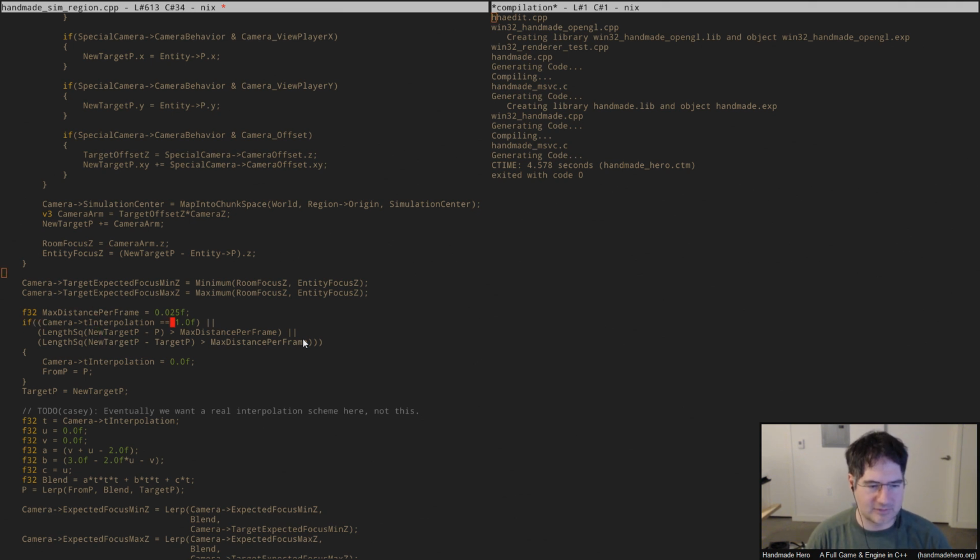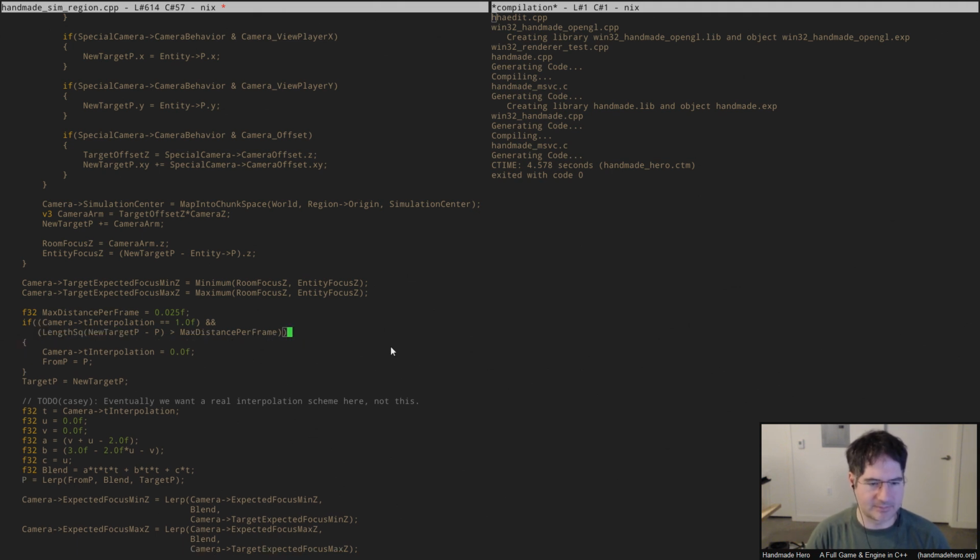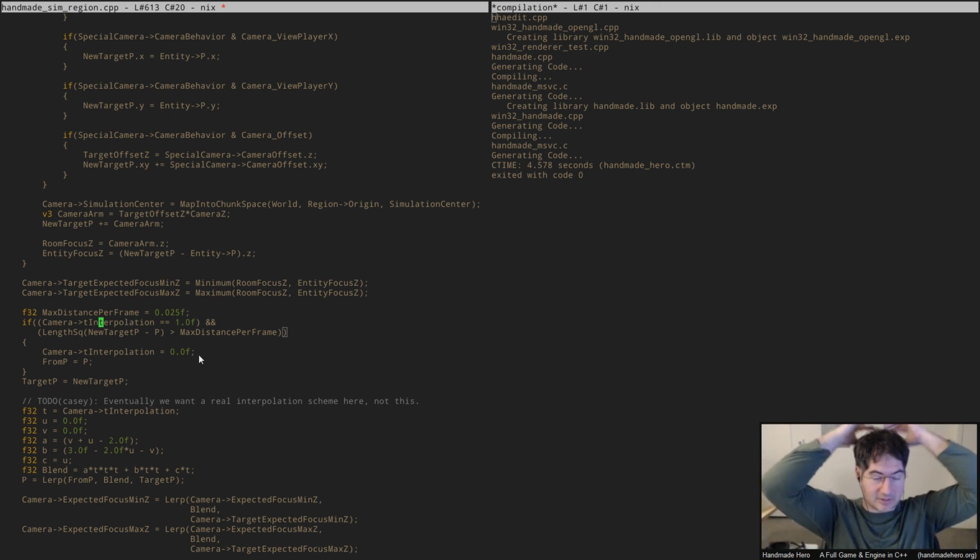So in terms of this, what we would want to say is, look, if the interpolation equals 1 and the distance we would want to move is greater than that, then we do, right? And I think we really don't need this extra check. I mean, that was probably a waste of time. I just wasn't thinking it through, right? But new target P really shouldn't be allowed to, it's got to vary more continuously, right?